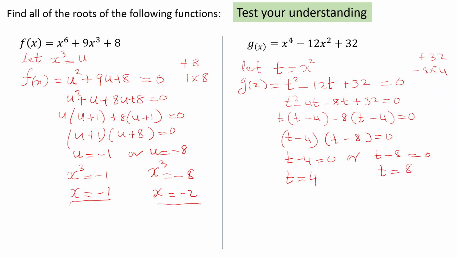Now I am going to substitute t equals x squared. So x squared is equal to 4. So find the value x. x equals plus or minus 2. Here x squared equals 8. So x equals plus or minus square root 8. So we have 4 answers.